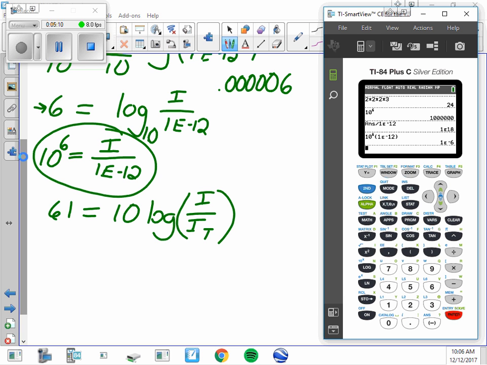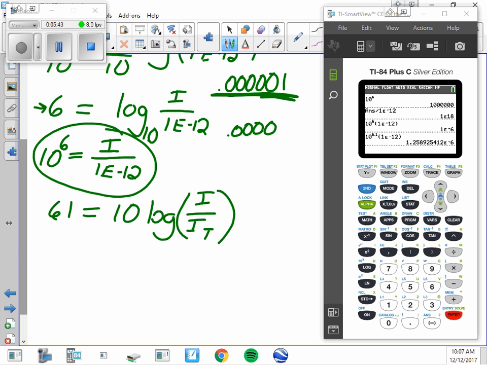So 10 raised to the 6.1 times 1e to the negative 12, and I get, oh shoot, that wasn't a 6, that was a 1. So the old one is 0.000001, and the new one is 0.00000126.